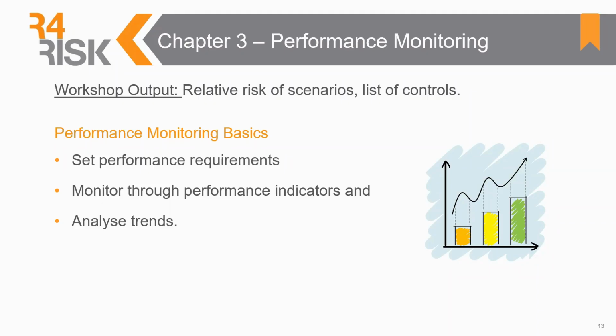So first of all, we set performance requirements, what we need the systems or controls to do. We then gather data through performance indicators and monitor that data. And finally, we analyze the trends to determine if the data we're getting is good or bad, whether it's trending well or not.